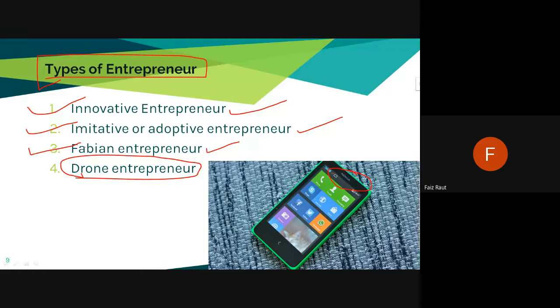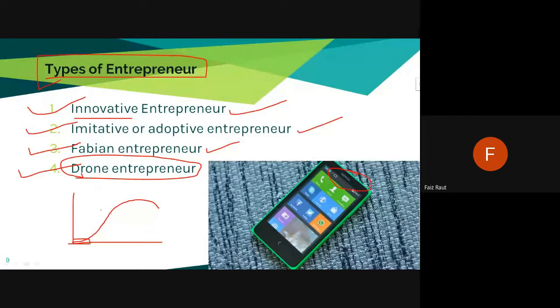Fabian entrepreneur, they might be there in the market, but they will not adopt the changing technology or the changing behavior of the customer. Then we have the drone entrepreneur, which almost never adopts, and most of the time they go out of the market. This is somewhat related to your graph, which is a PLC graph, which you have studied. Okay, these are the innovators.